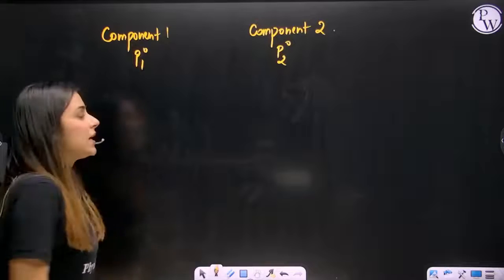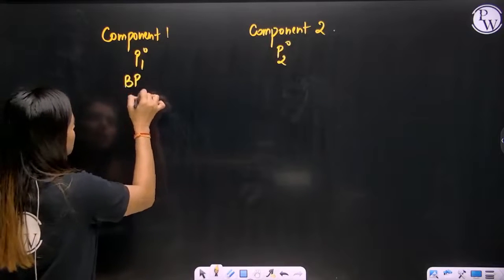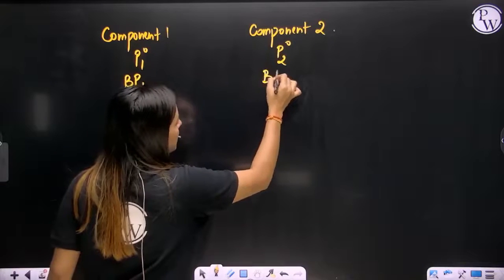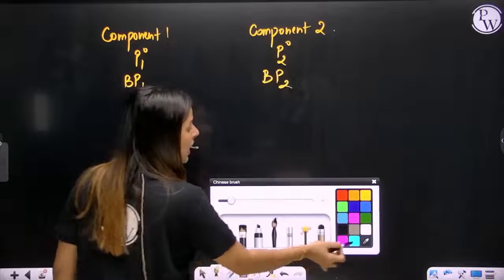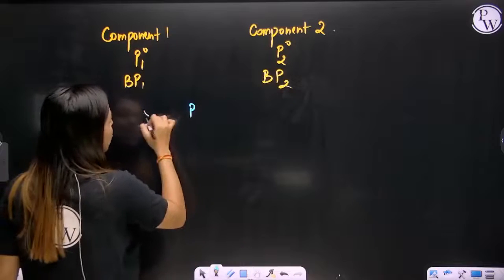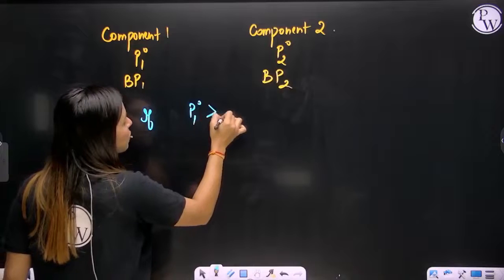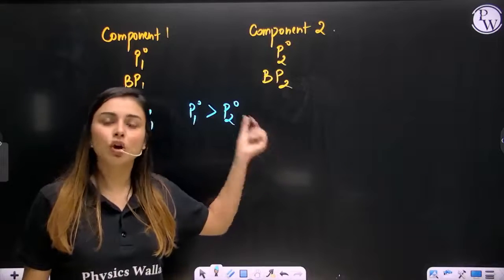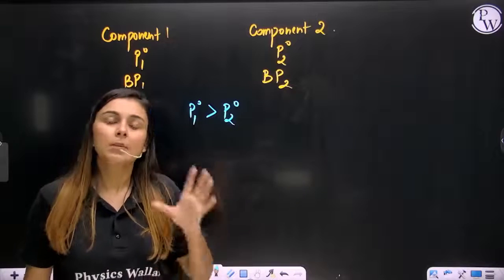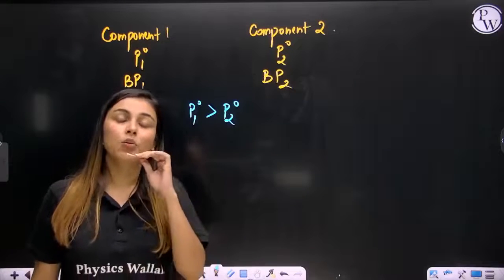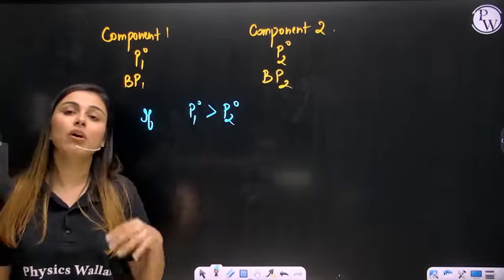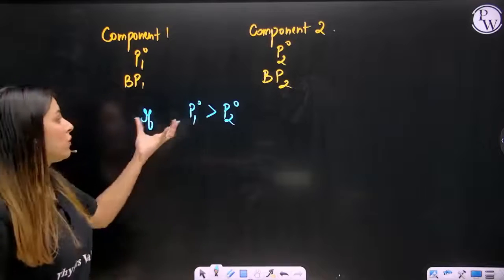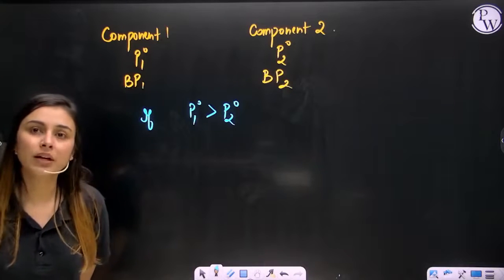Let's say boiling point of this is BP1 and this is BP2. If P1 naught is more than P2 naught at a particular temperature, then tell me which of the following components will have a higher boiling point?